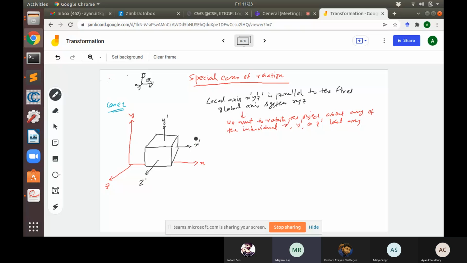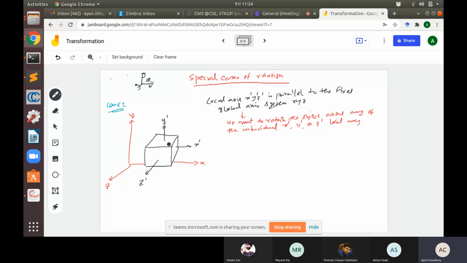Any idea of what we should do in this case? We can just shift the axis first, then rotate, and then shift back. Yes, very good. What we should do is try to move the body so that it coincides with one of the axes of the system, and then do the operation.